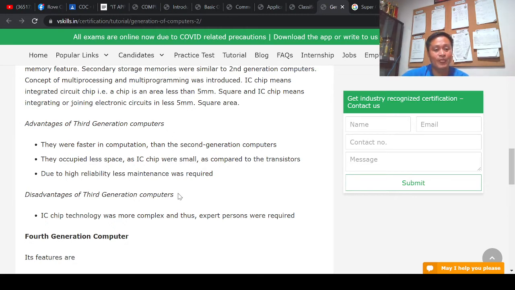And let's move on to the disadvantage of the third generation. There's only one. IC chip technology was more complex, and thus expert persons were required. It is so much smaller than a transistor and diode, and it takes a lot of skill to create a single IC or chip.